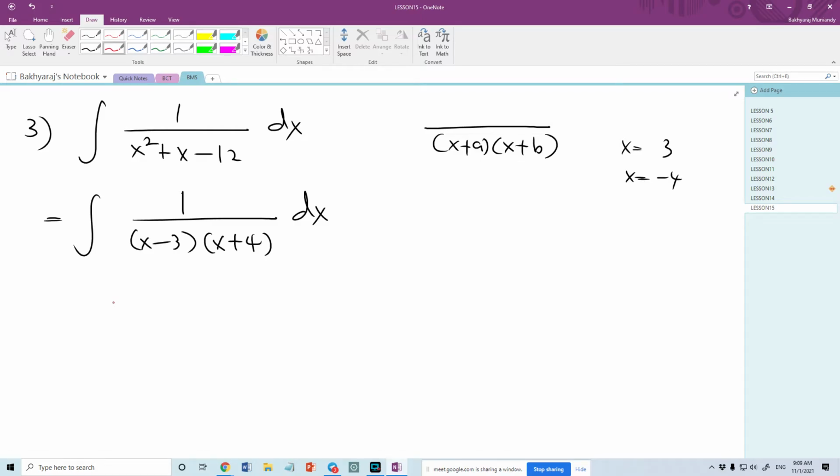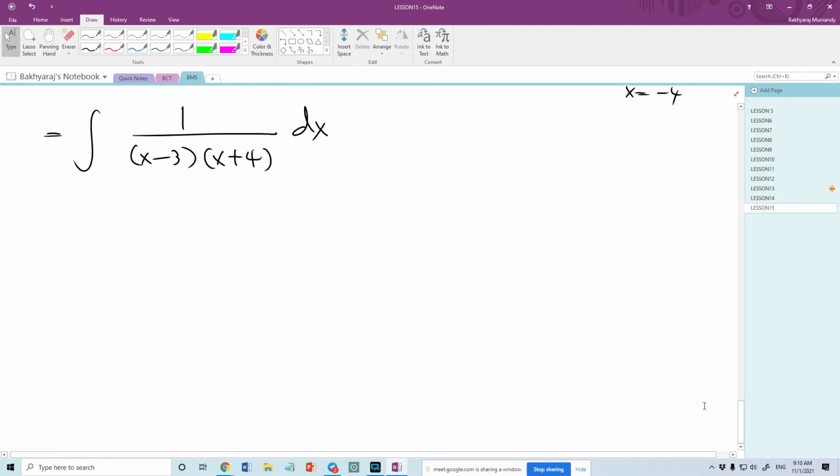Okay, come quickly find this answer. Yeah, we need to proceed for the partial fraction.